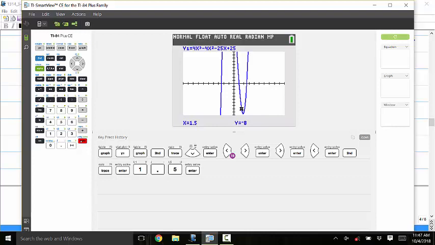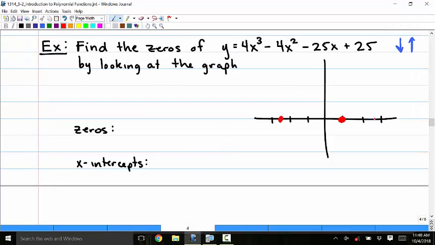No, it's not 1.5. 2.5. So let's go second calculate value 2.5. Yes, very good. All right, 2.5. You agree with that?